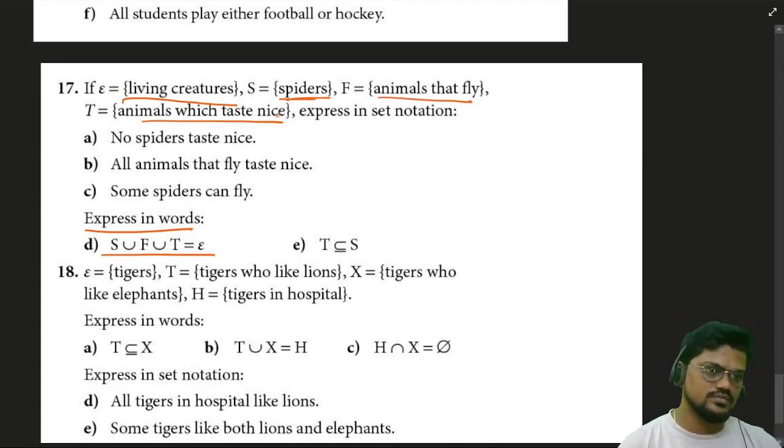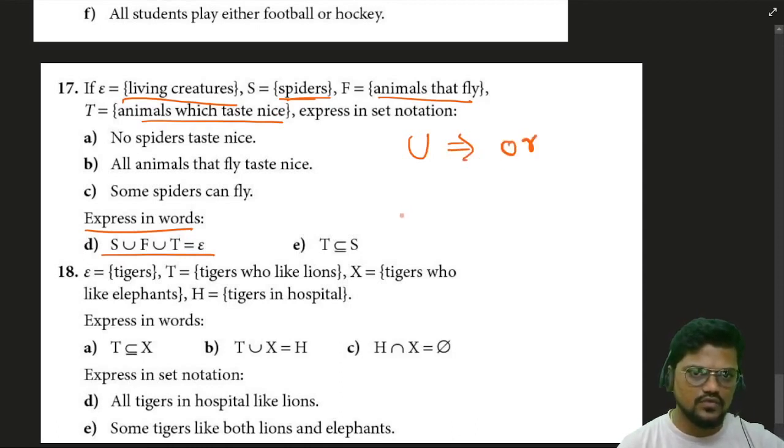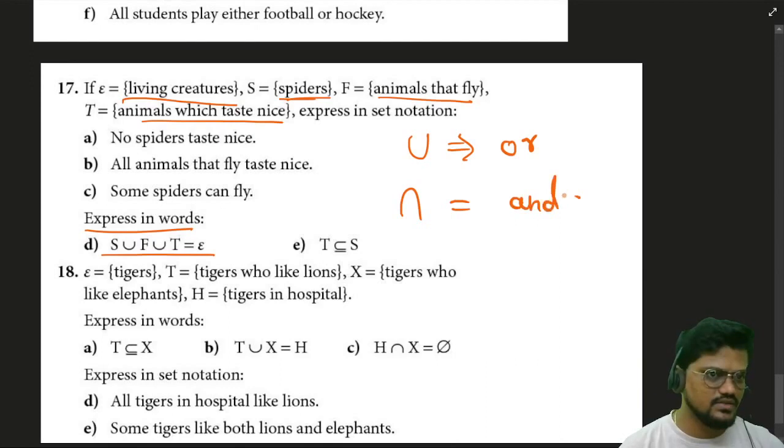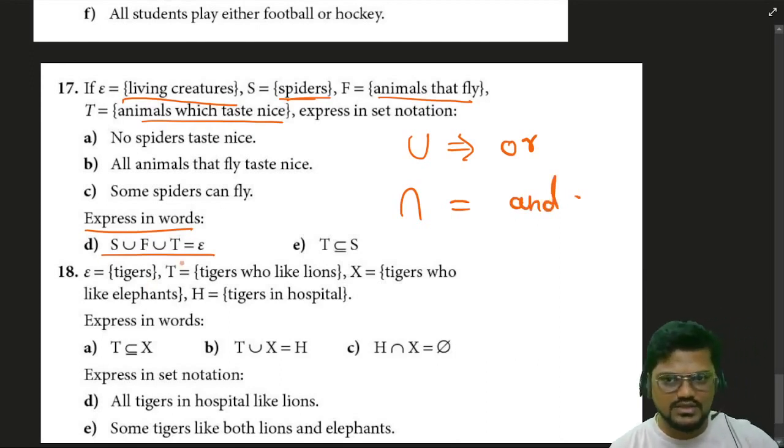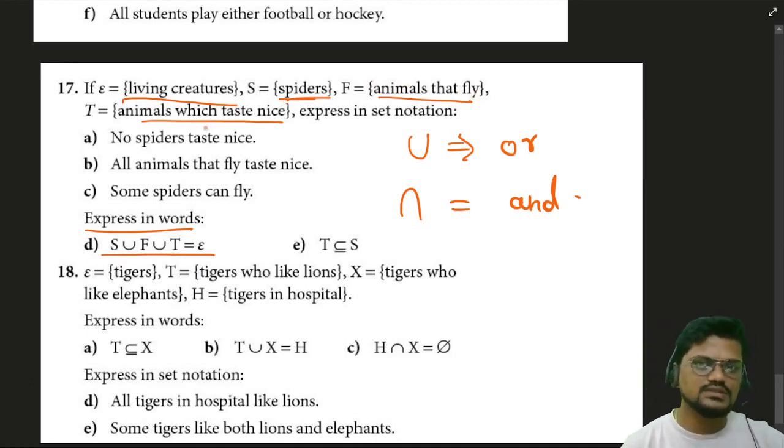We write or for union, and we write and for intersection. For intersection we write and, for union we write or. So all living creatures are either spiders, or animals that fly, or animals which taste nice.